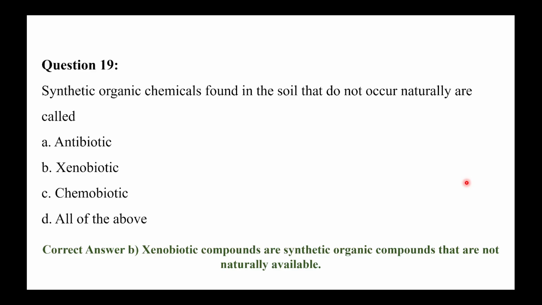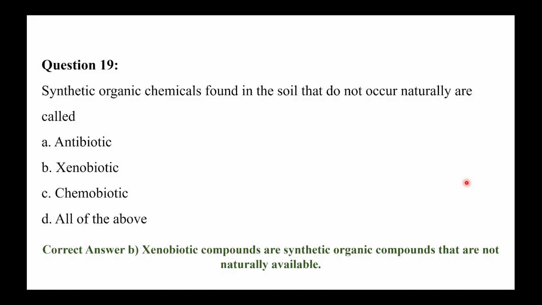So these are the compounds that are synthesized chemically in a lab and then used for different applications, but they tend to remain in the nature because there's no way of degrading them, because nature evolves ways to degrade things which are present in nature.